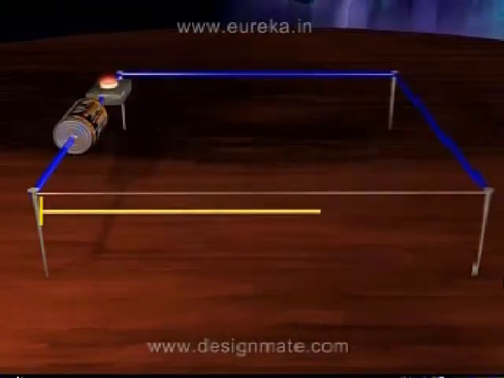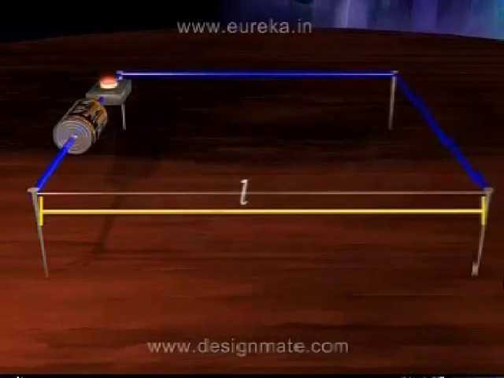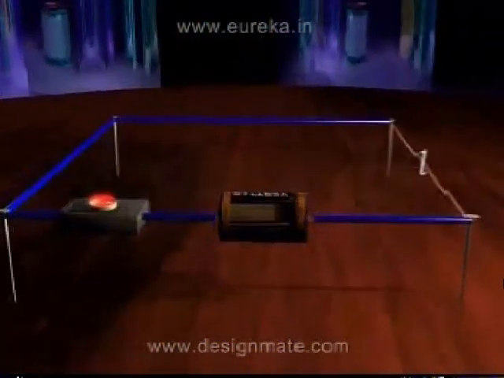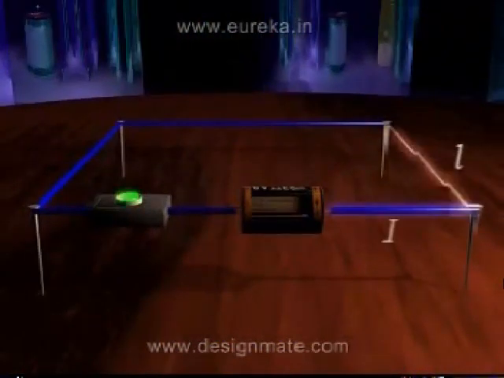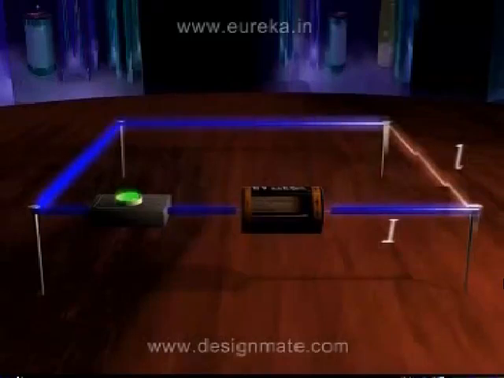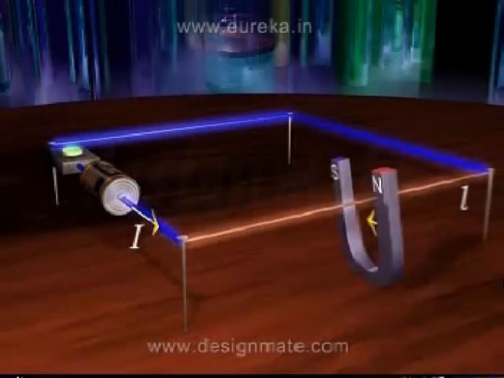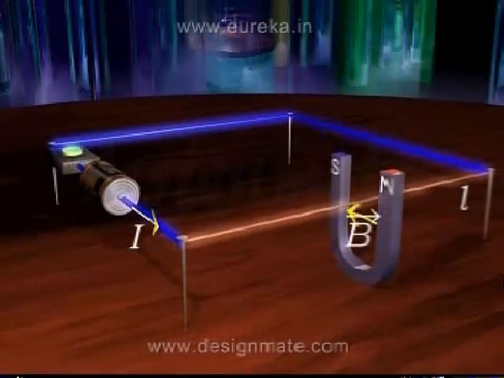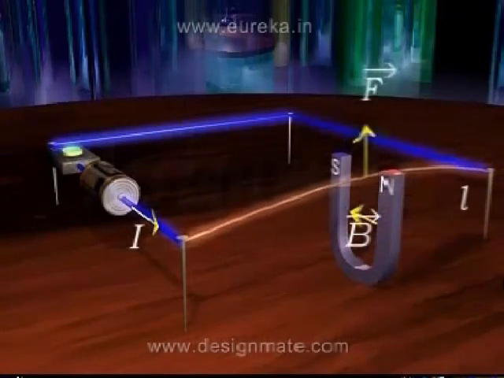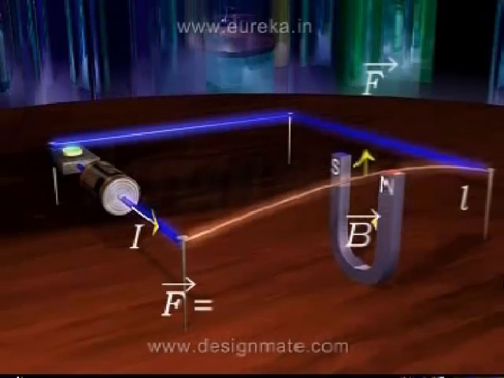If a straight wire of length L carrying a current I is placed in a magnetic field vector B, then the force acting on the wire is given by vector F is equal to I vector L cross vector B.